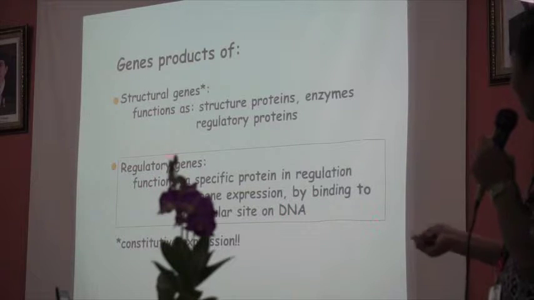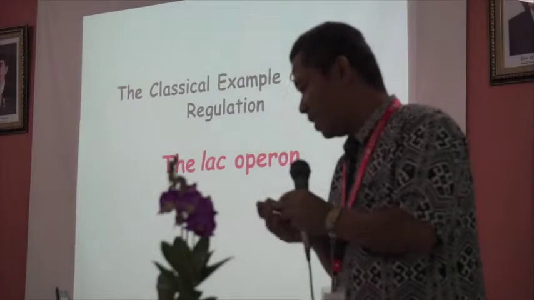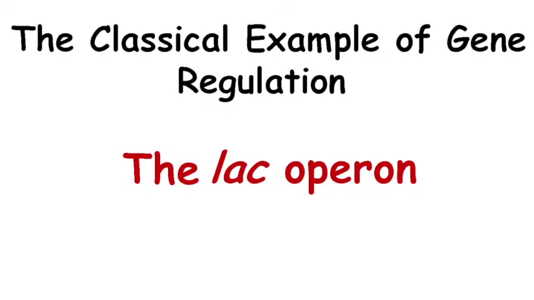So here is an example of how gene regulation works. The classical example of gene regulation is the lac operon. We will also often use it in our lab exercise.